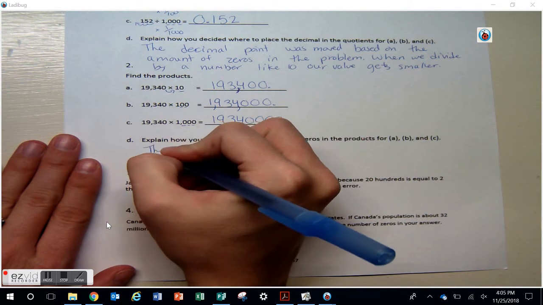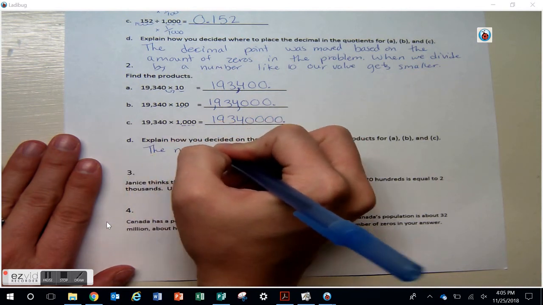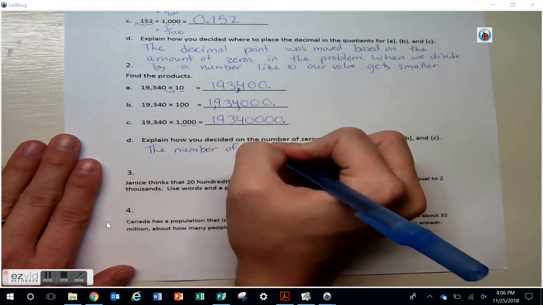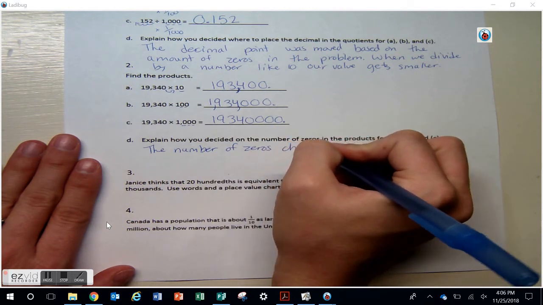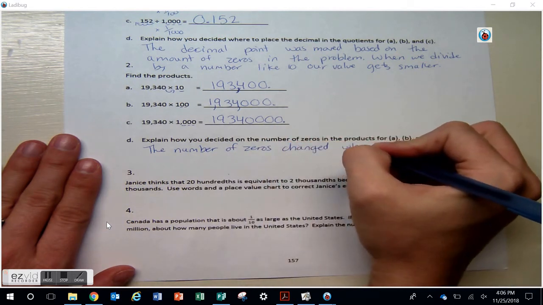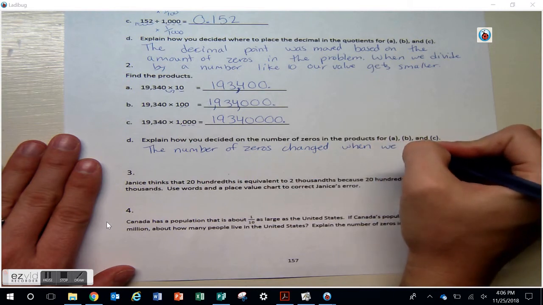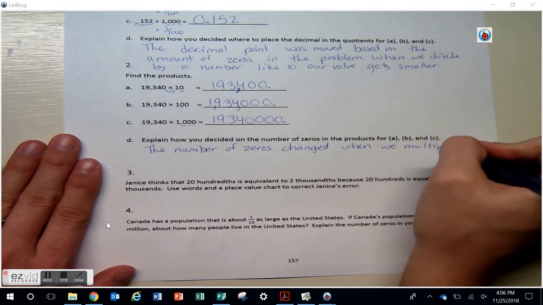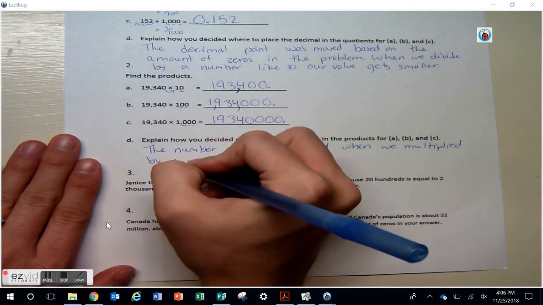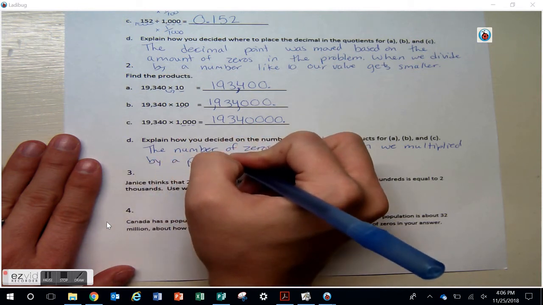The number of zeros changed when we multiplied by a power of 10.